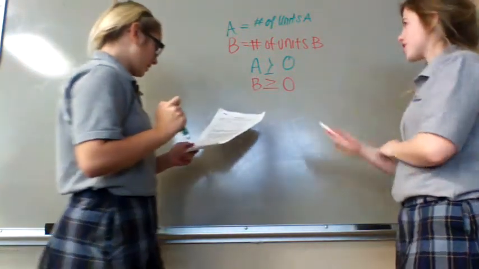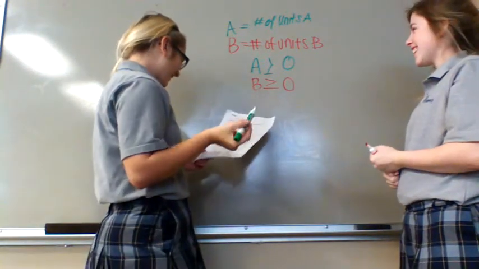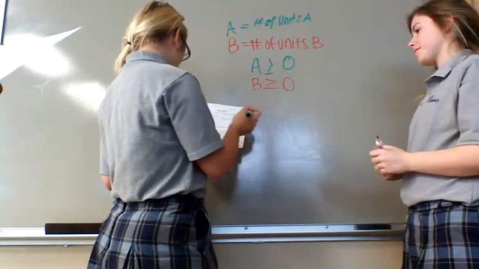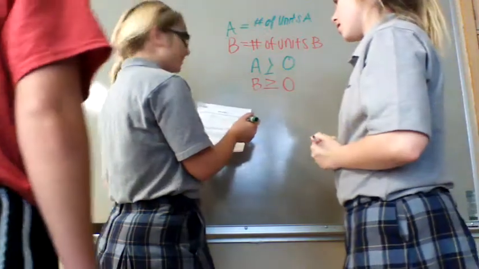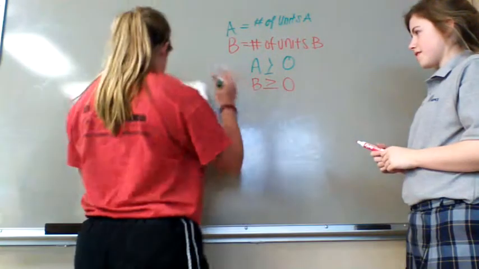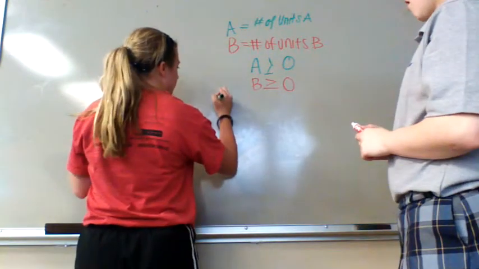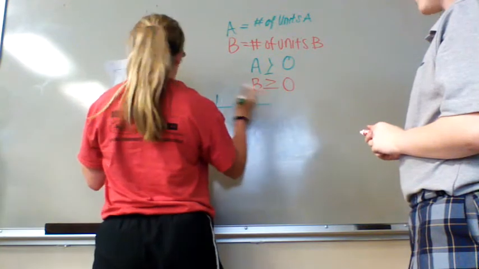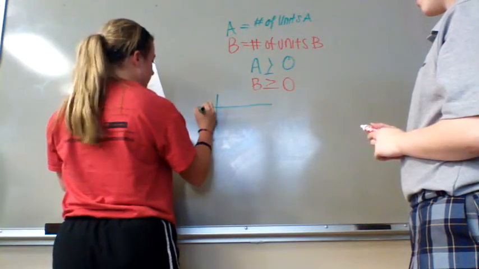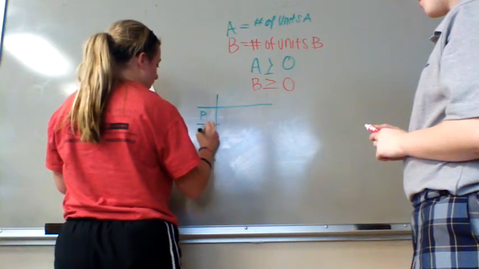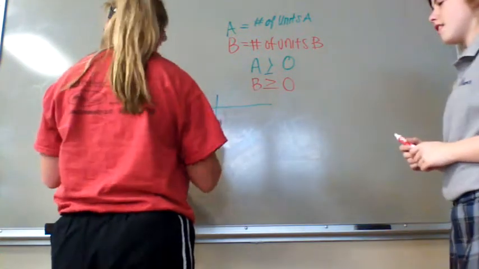Okay, and then we're going to make a small little chart that explains it. Can I make the chart? Yes. Alright, chart. So we're going to have peanuts, I'll just put P for peanuts, and A for almonds right here.